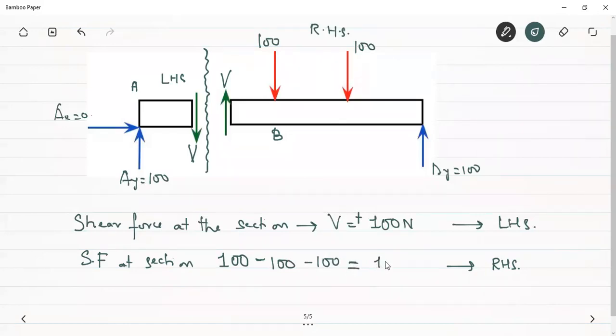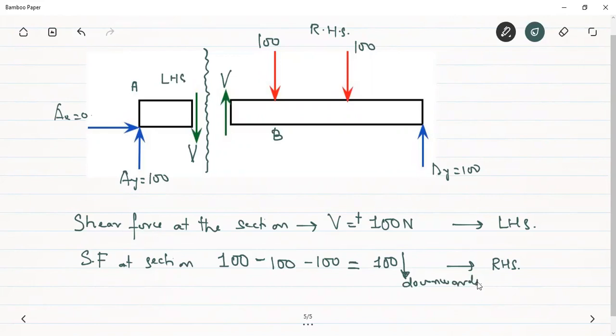The resultant is how much? This 100 and 100 will cancel. We will have 100. But in which direction will we have that 100? Downwards or upwards? This 100 is downwards.